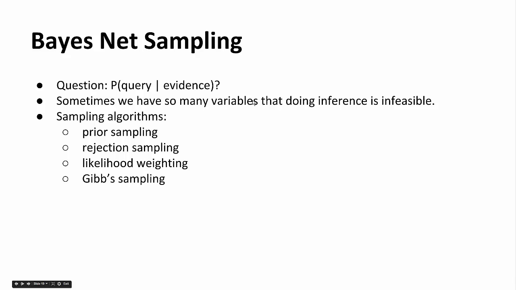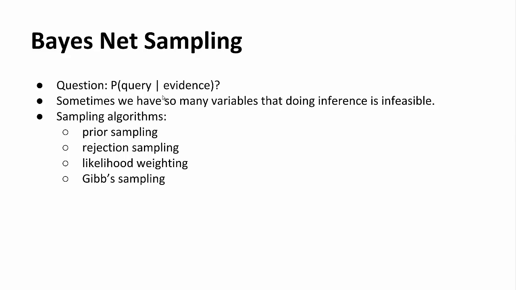Basically it's because even for variable elimination, we can generate probability tables that are too big to fit in memory or too big to work with practically. So we want a way to estimate this probability value without actually joining and eliminating probability tables, and sampling is going to let us do that.